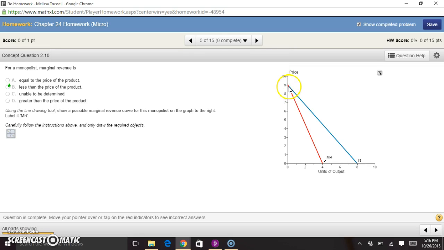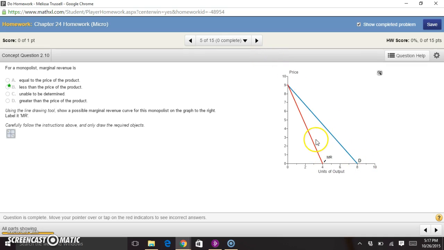So we know that since they start in the same place and then marginal revenue becomes smaller, the marginal revenue has to have a steeper slope than the demand curve. So hopefully part 1 and part 2 of this help to explain why the marginal revenue curve looks the way it does in comparison with the demand curve.